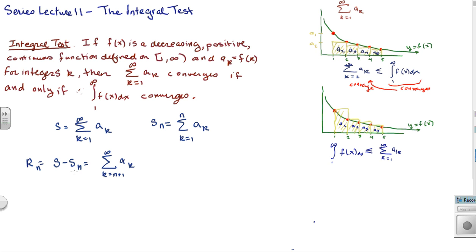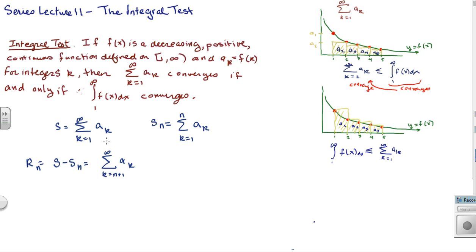The integral test is going to give us a way to bound the estimate, and get a better representation of S than just a large partial sum. So S minus Sn is going to be the remainder, kind of the error. If I used Sn as the estimate, S minus Sn is what we have left.